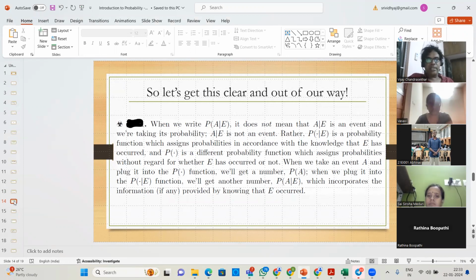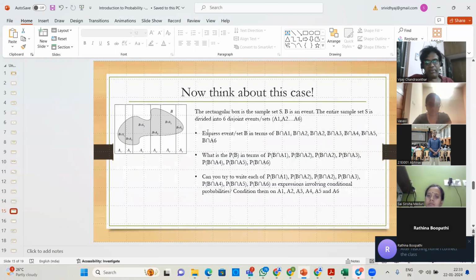It's like saying, look, I'm defining a probability function given E. That's what it means. So be very clear that A given E is not an event. All right. This is something that we touched upon in the previous session as well.